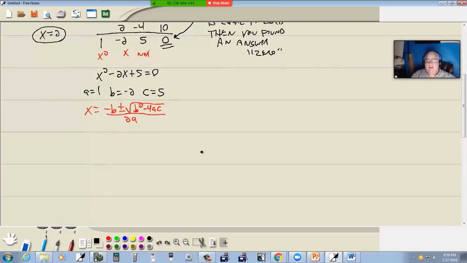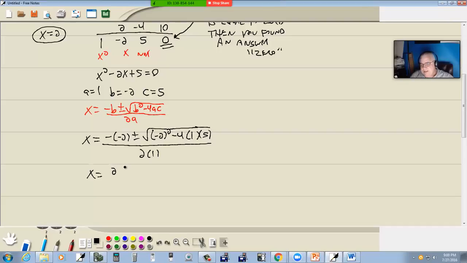So we're going to have negative negative 2 plus or minus square root of negative 2 squared minus 4 times a, which is 1, times c, which is 5, all over 2a, so 2 times 1.